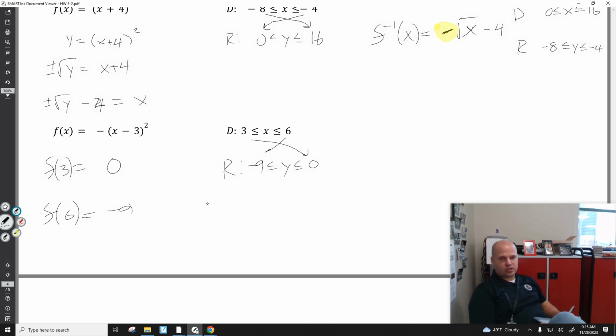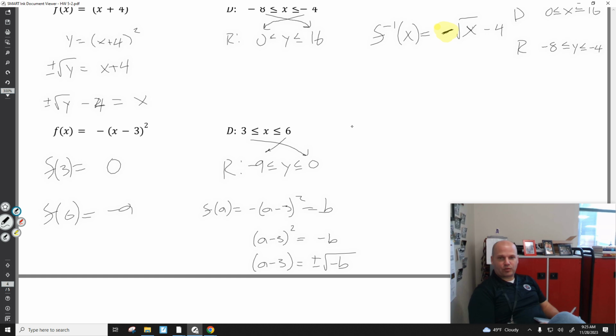My inverse, I'm going to solve for A. I'm going to take the opposite of B. I will then square root both sides. Since I'm using a square root to solve an equation, I need a plus or minus.